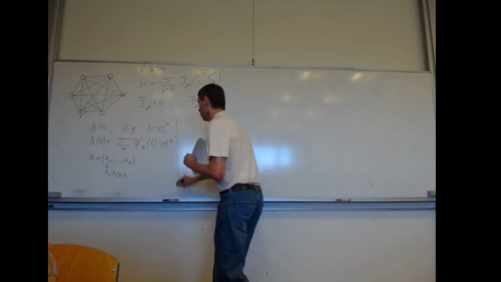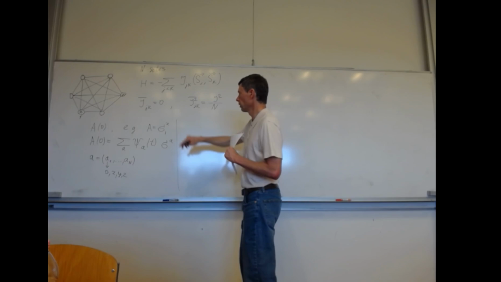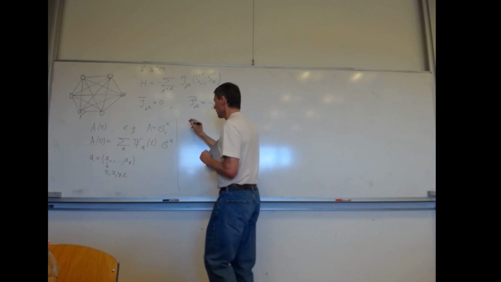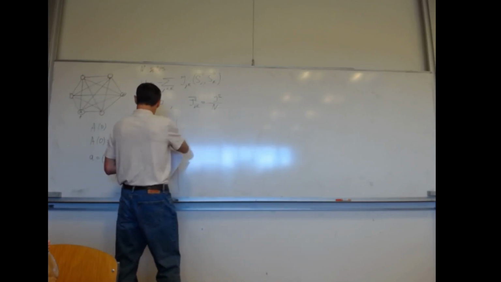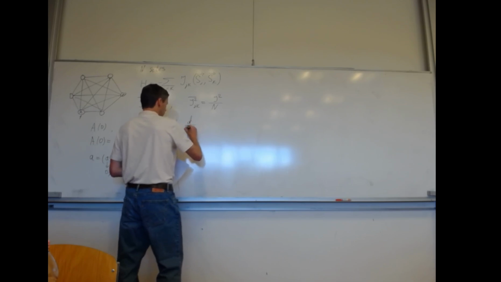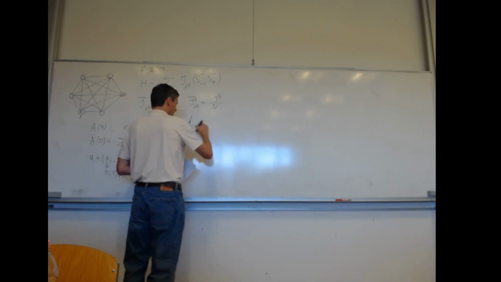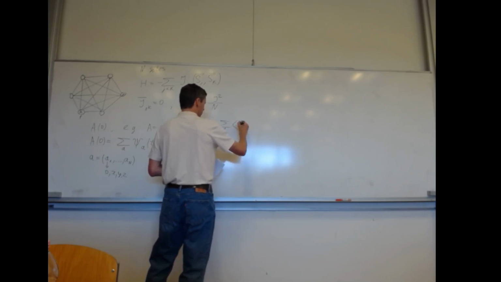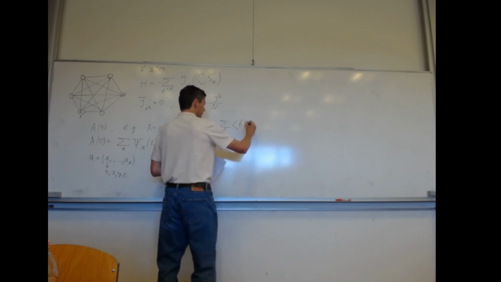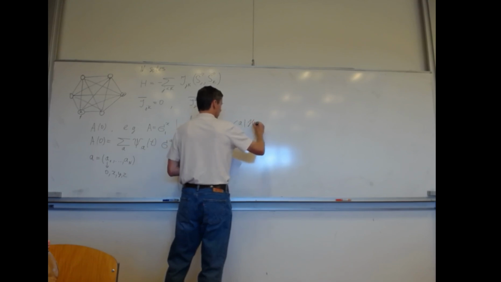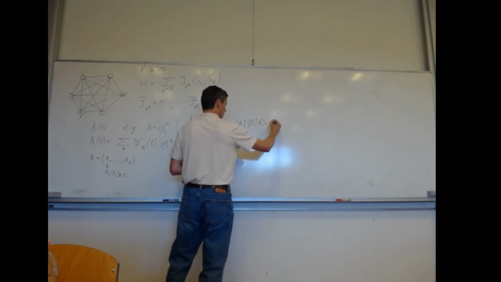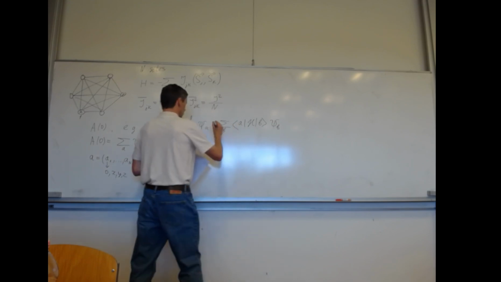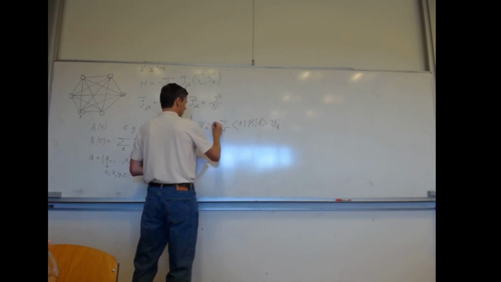And the equation of motion for the Heisenberg model, and actually for a large class of models, is this. The time derivative of the wave function of this bacterial colony equals a sum over B of some effective Hamiltonian, with matrix element H_AB, times psi B, and it should be minus i in front.